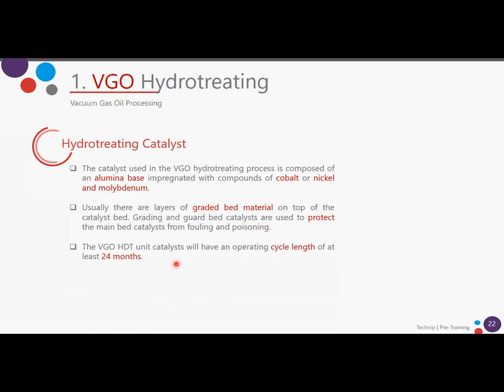According to the design basis of the unit, the catalyst will have an operating cycle length of 2 years. And this is the shape of catalyst, quadrilobe catalyst.